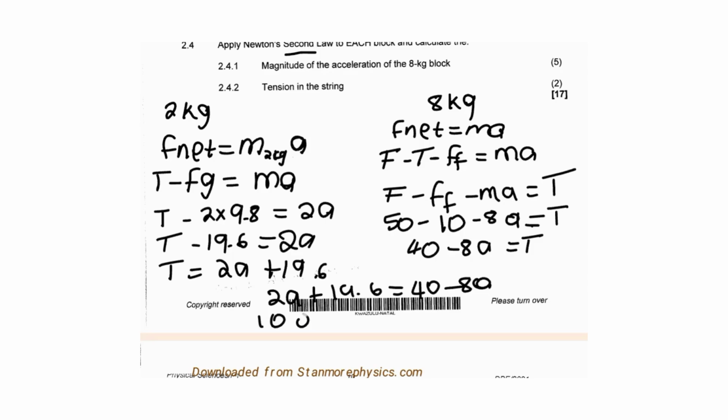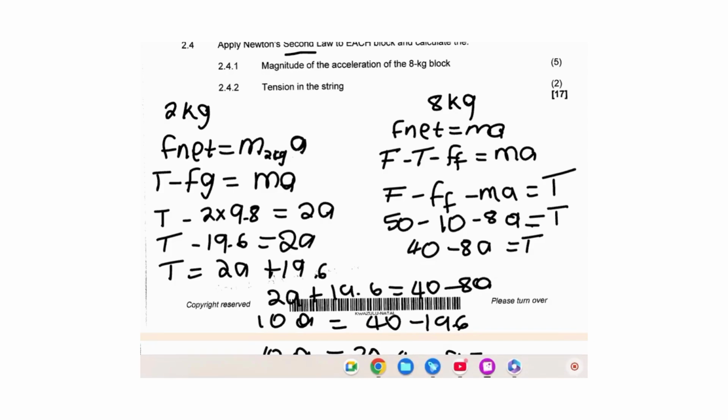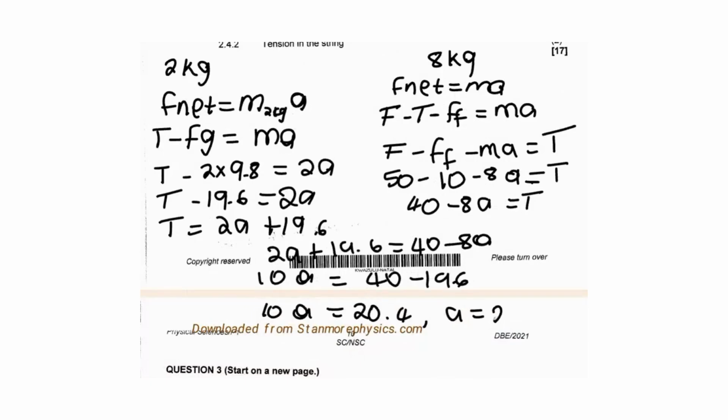So 10A, taking the 8A to the other side, equals 40 minus 19.6. That is 20.4. Therefore, acceleration would be 20.4 divided by 10, that's 2.04 meters per second squared. So that would be the acceleration.